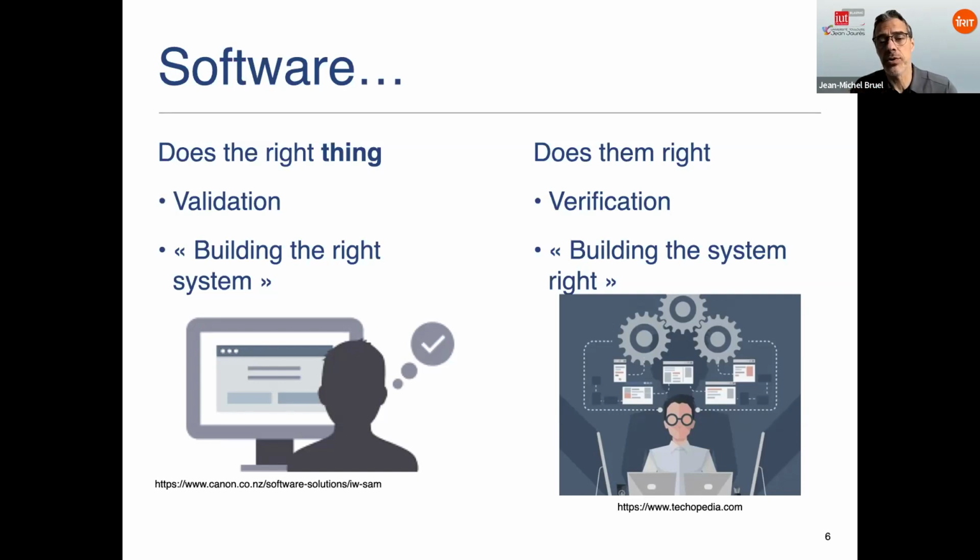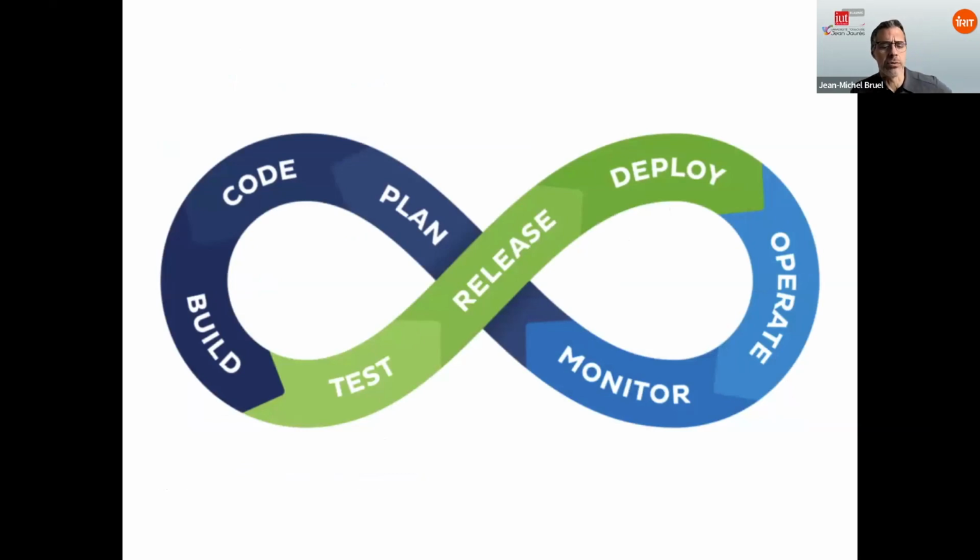On the other side of the coin is the verification aspect, and this might be a little bit independent of the first one, but it's very complementary, and it's the fact that you're building the system right. And building the system right is making sure that you did not introduce any mistakes in the code and things like that. So you can deliver the system right, but this is not the right system, the one the user has in mind, and vice versa. You can deliver the right system, but maybe you did something wrong in the process. Okay, so these are the two aspects we are going to address.